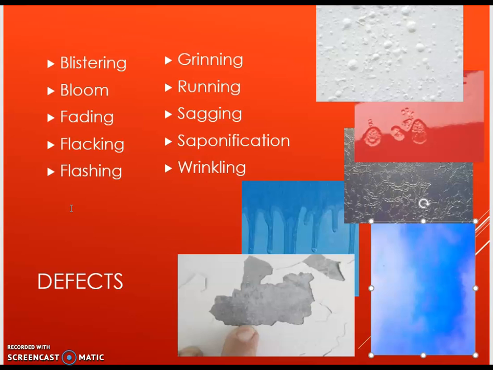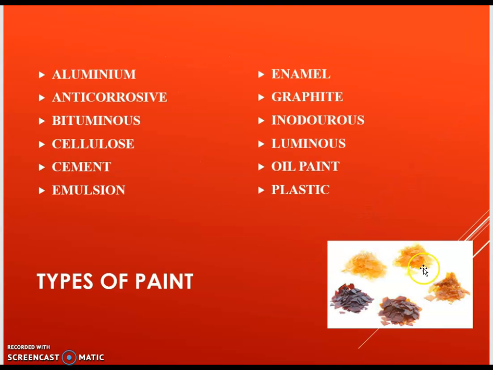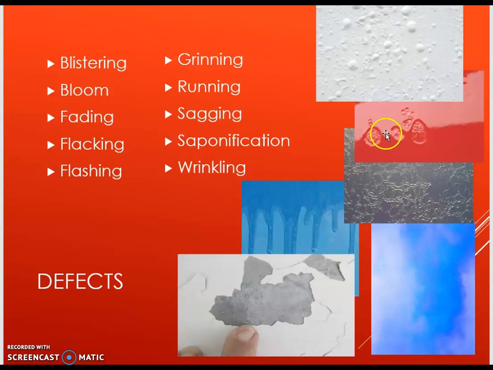Okay, next is greening. This is when the final coat doesn't have enough opacity. Okay, the coat becomes very transparent, then what is painted on the previous surface can be easily seen. That is called greening. Okay, running is when the paint runs back and leaves small areas of surface uncovered. You can see here the paint has moved down.